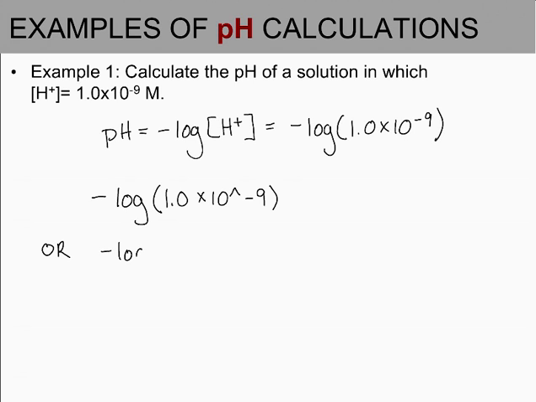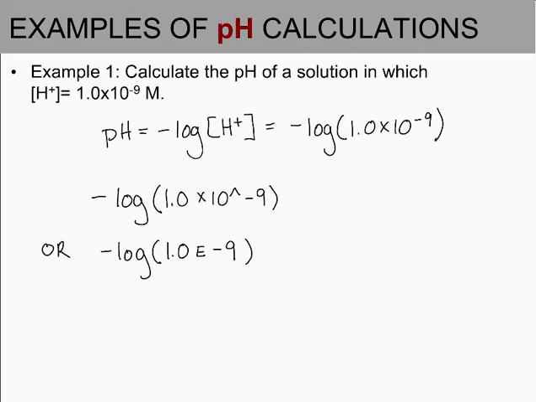Or you can use something called the EE function. And usually you have to press shift or second before using that EE function. But you could type in 1e to the negative ninth. And either one should work.